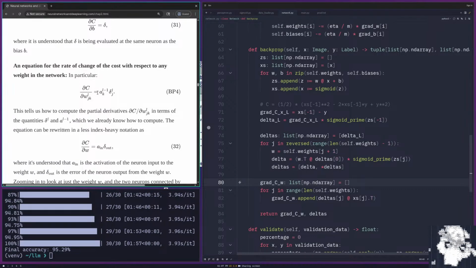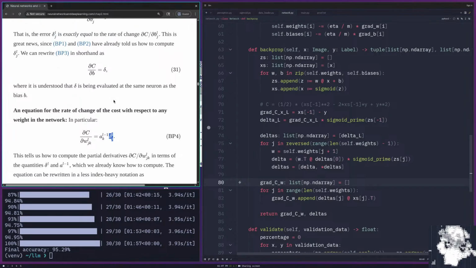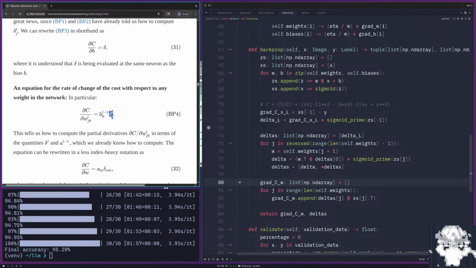Yeah, so the gradient with respect to the weight is the product of delta, which has to do with stuff happening in the later layers, and the activation. So for us, it's the X, but for them, they're calling them A's.